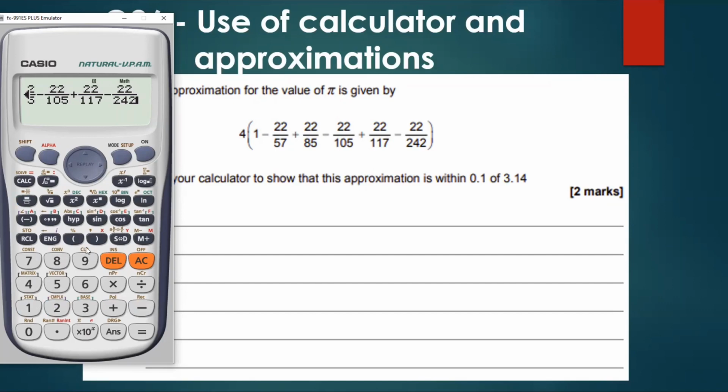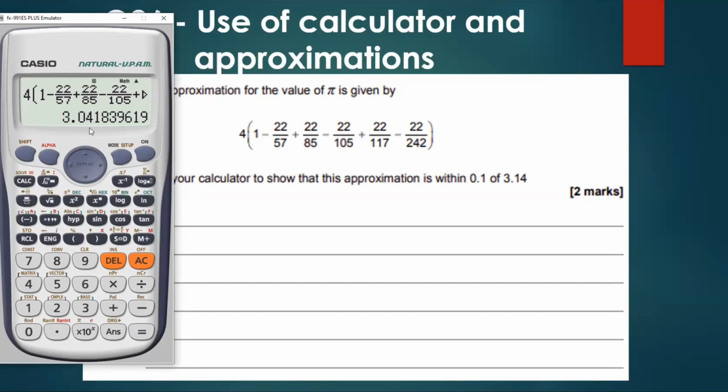I'm going to use the arrows again just to make sure I can get back out of my brackets. Just making sure that I've got that exactly the same. 22 over 242, yes. 22 over 117, yes. Then there should be a minus, yeah. So that's exactly the same as mine.